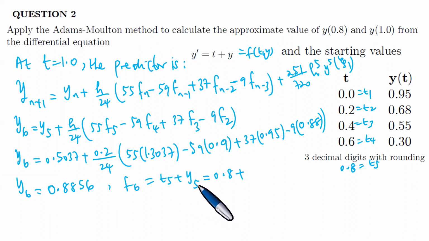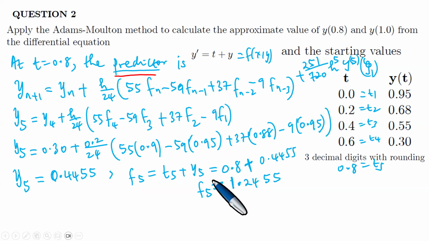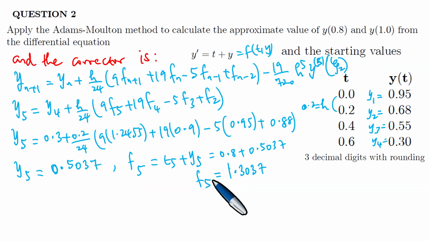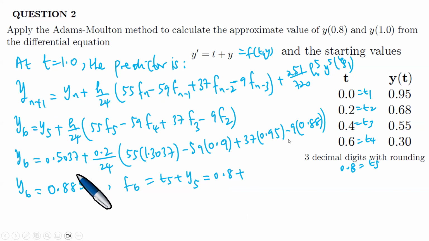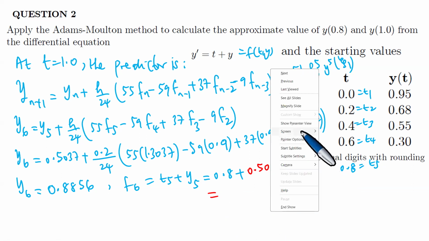So that now you have t5 and then the h and the y5. What is t5? t5 is 0.8, and then y5. We got our y5 to be exactly what we got, 0.5037. And then you add these things. Let us add this up with a calculator just to cross-check our answer.